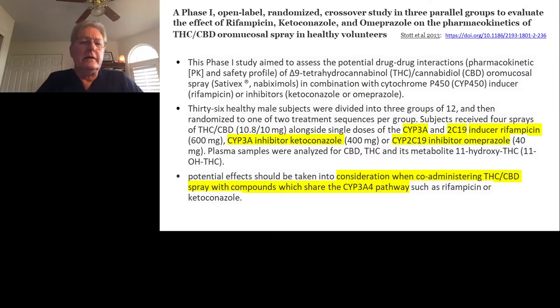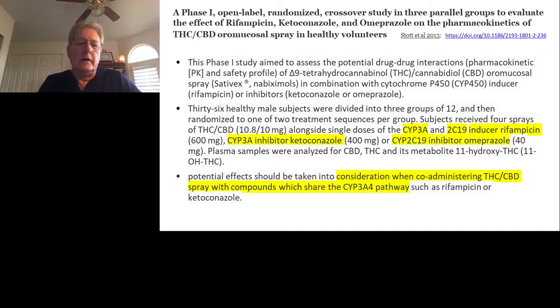And in this study, a great randomized crossover study, they looked at 3 different drugs, looking at those different pathways that are known to be inhibited mainly by cannabinoids.